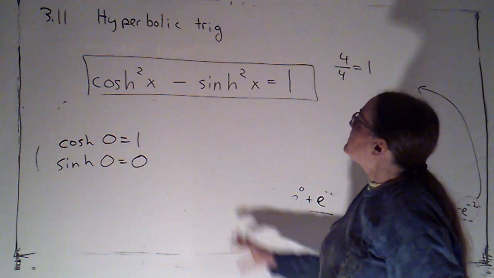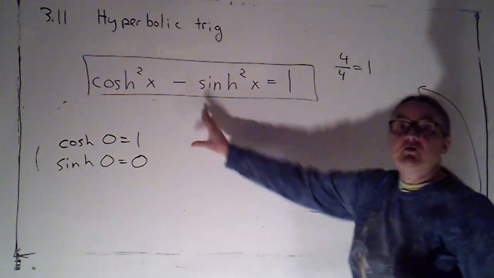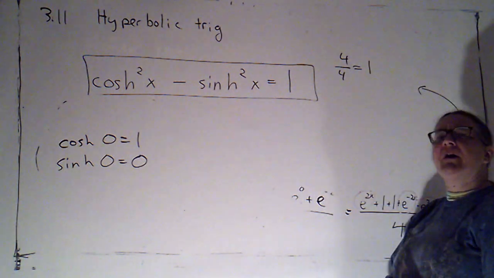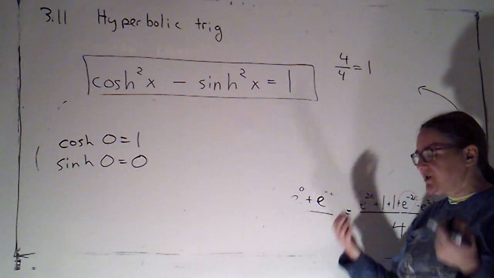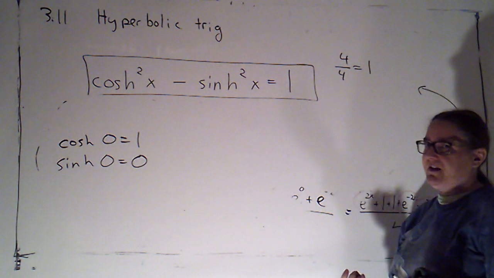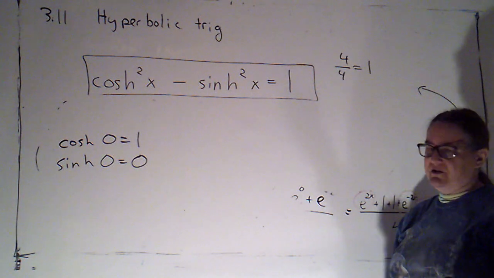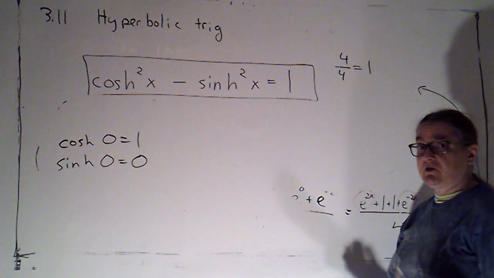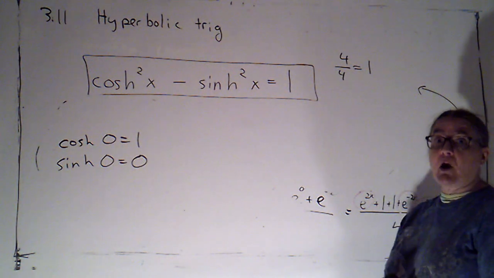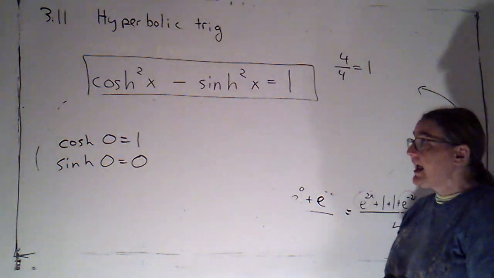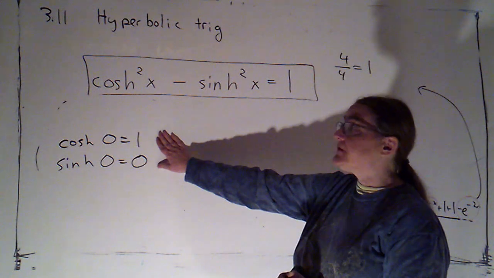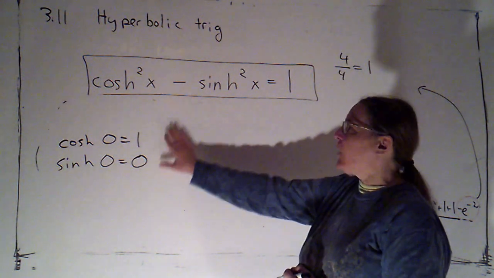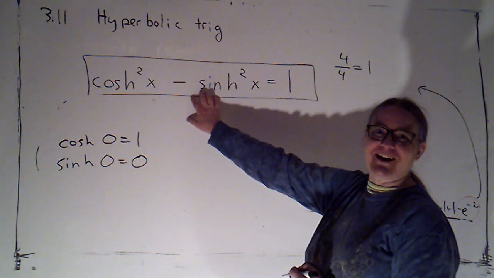Okay. So this is an identity that you should be familiar with, but if you try to approach this by just blindly memorizing a bunch of things, there's too much new information. Okay. So you want to know your basic definitions, and you want to know your basic properties of cosh and sinh. And the value at 0 is very, very important, and it helps me to remember the order of subtraction here.